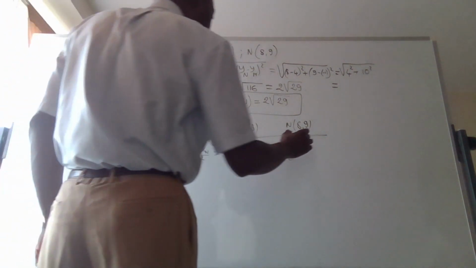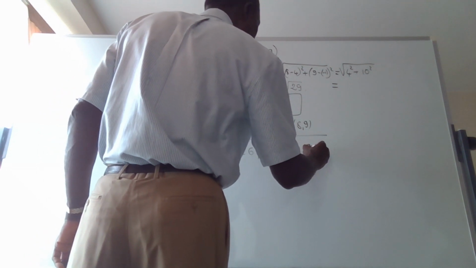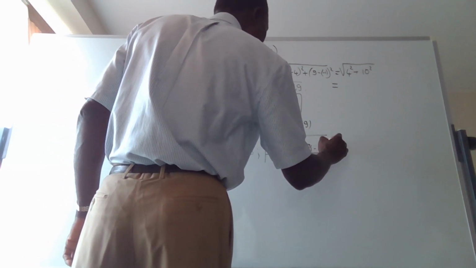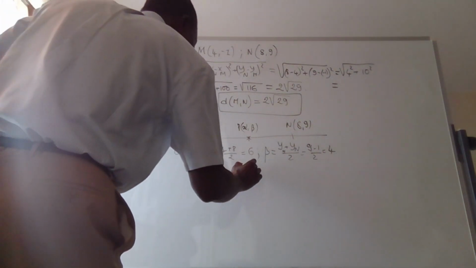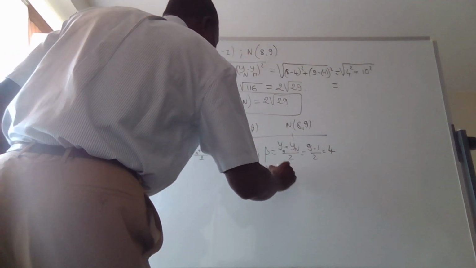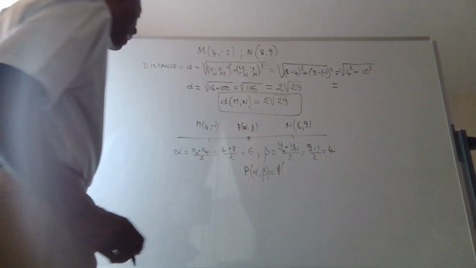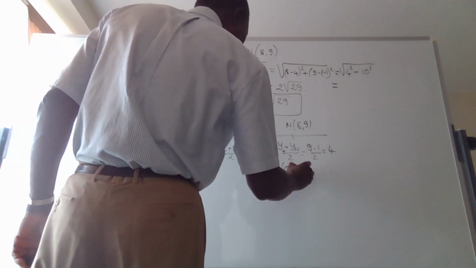That is 9 plus minus 1, divided by 2, equals 8 divided by 2, which equals 4. So the midpoint P, with coordinates alpha and beta, is P(6, 4).